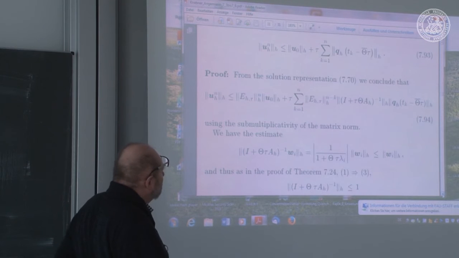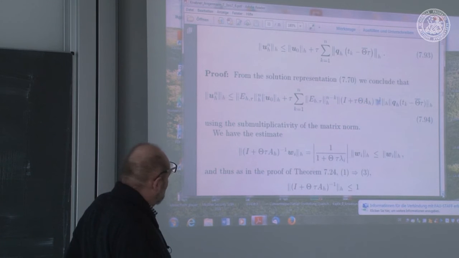And the only thing which is left, which is, so to speak, different from the continuous situation, is this factor we have seen already. But this factor also does not do us too much harm, because to deal with this part, we have to know what this matrix does with the eigenvectors.